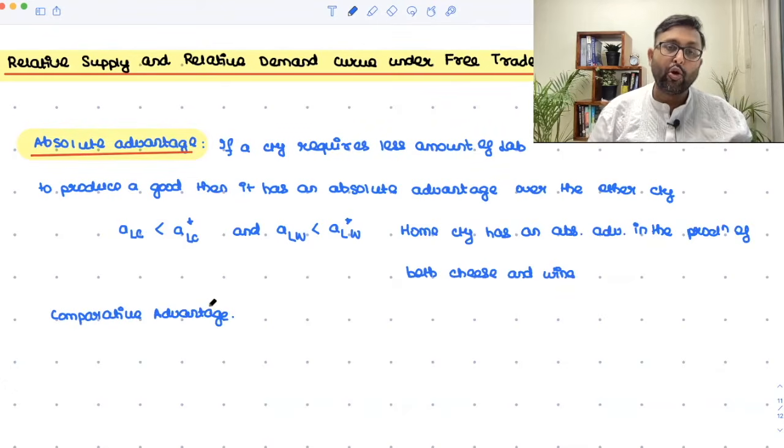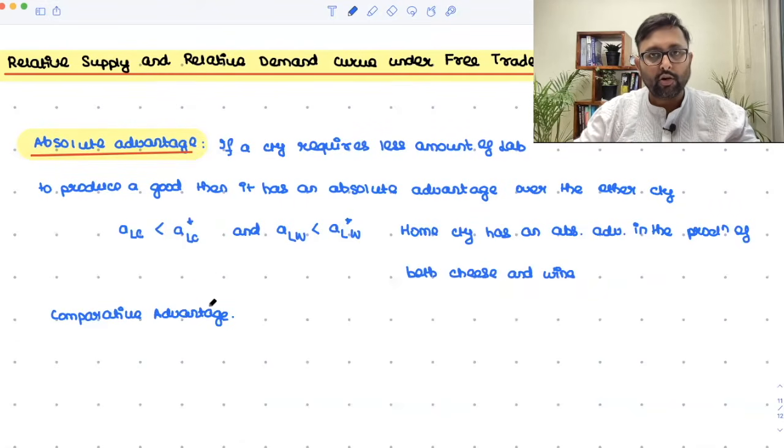If I have the lower opportunity cost in the production of cheese as compared to the foreign country, then I have a comparative advantage. So it's not about the unit labor requirements, it's about the opportunity cost.